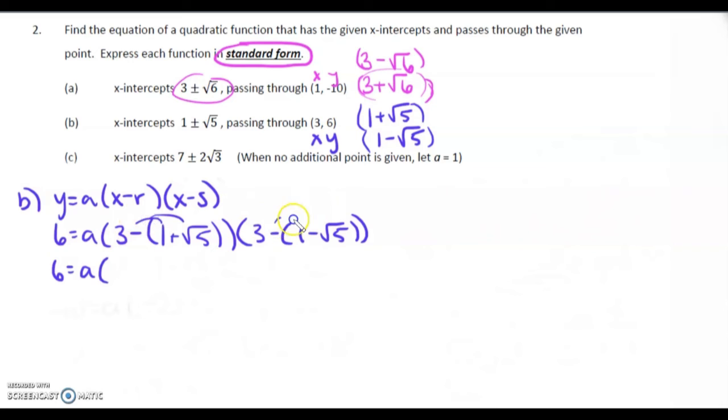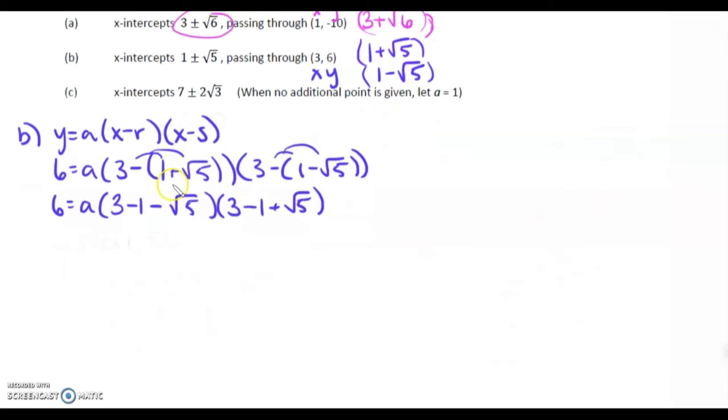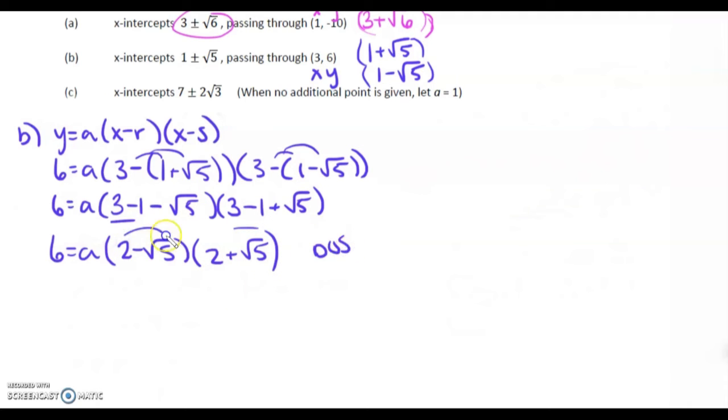So let's distribute these two negative signs into the bracket. 3 minus 1 minus root 5, 3 minus 1 plus root 5. I'm going to simplify the 3 minus 1s. So 2 minus root 5, 2 plus root 5. And now this is difference of squares. Again, we're solving for a, so we have to expand everything and then divide it out.